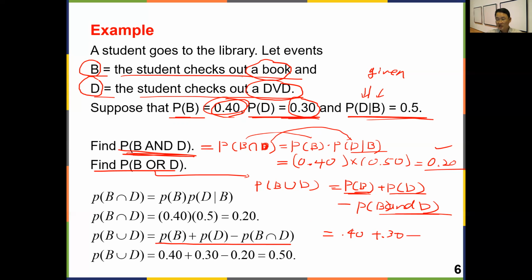Well, we just got it from the previous question, 0.20. So 0.4 plus 0.3 is 0.7, minus 0.2 is 0.5. 0.50 right there. So not too crazy. I think this is definitely a possible question for us.